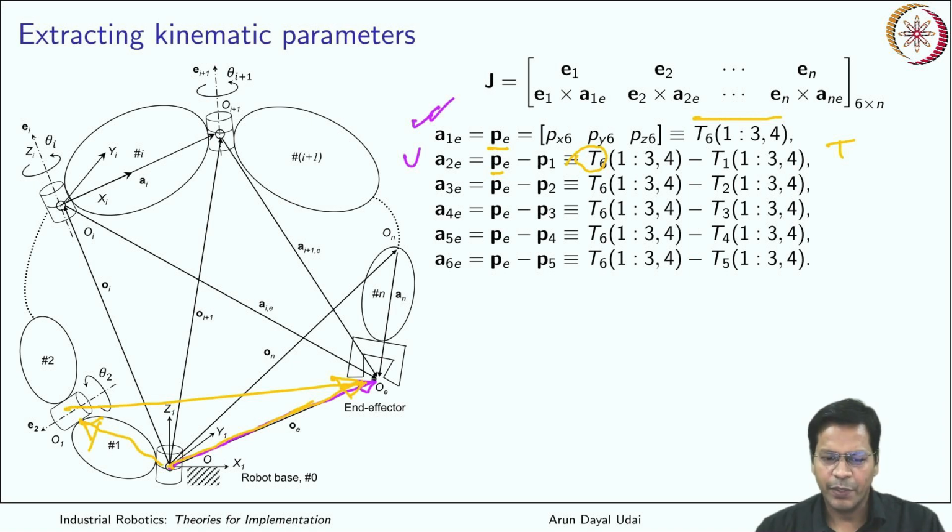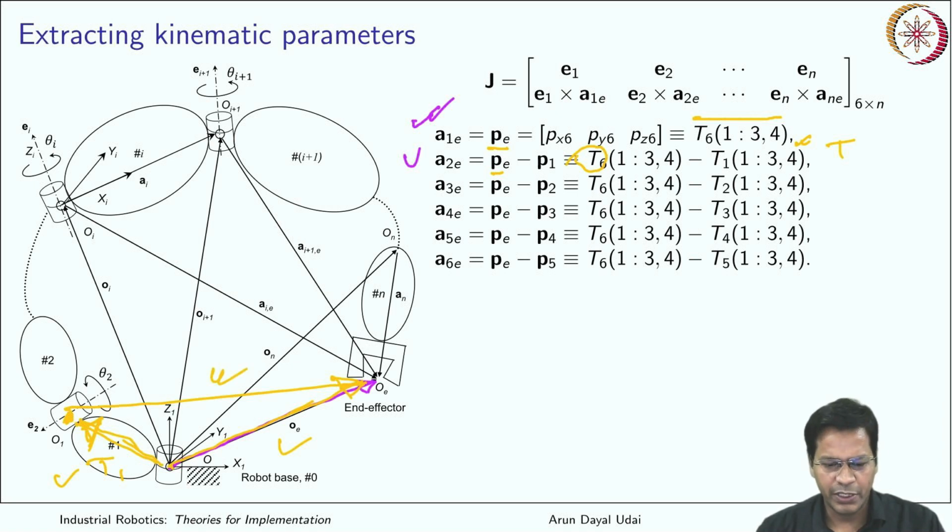How? That is basically the T1. So if it is T1, you have reached till here. T1, this. So it is the fourth column, first 3 row elements. So that is your vector, which is this. Got it? Now using this vector triangle, you know this, you can quickly calculate A2E.